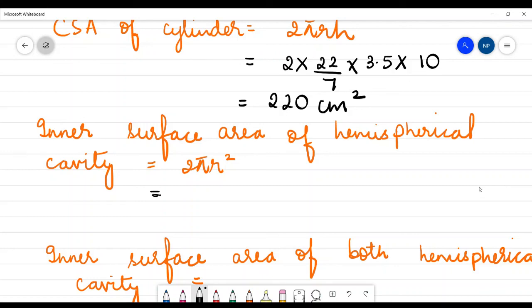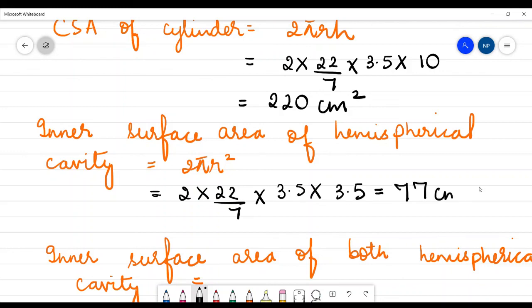So 2 pi r square will be how much, children? 2 into 22 by 7 into r square, which is 3.5 into 3.5. On calculation, you will get the answer as 77 centimeter square.